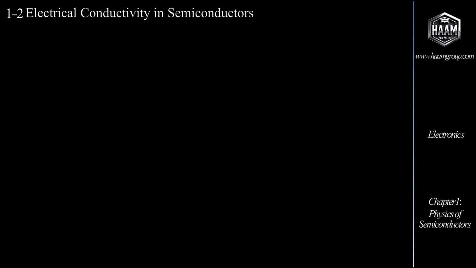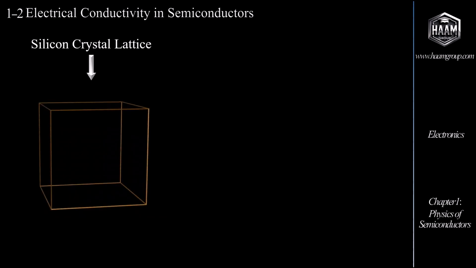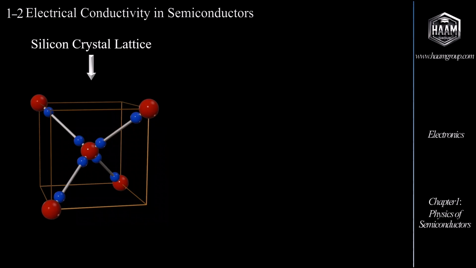Electrical conductivity in semiconductors. In semiconductors, the crystal lattice has a specific structure. For example, in silicon, each atom's nucleus forms a covalent bond with 4 neighboring nuclei, sharing 1 electron with each of them.